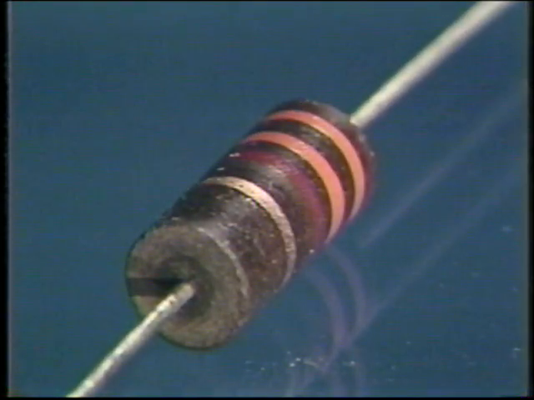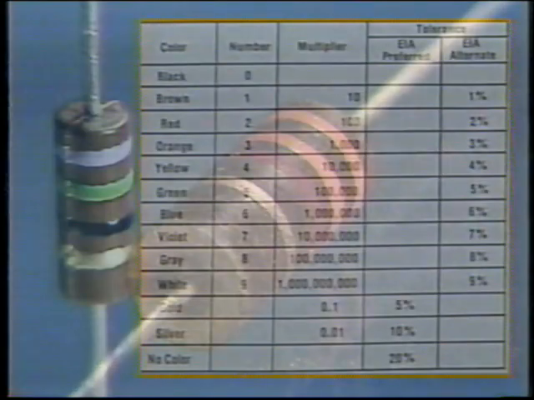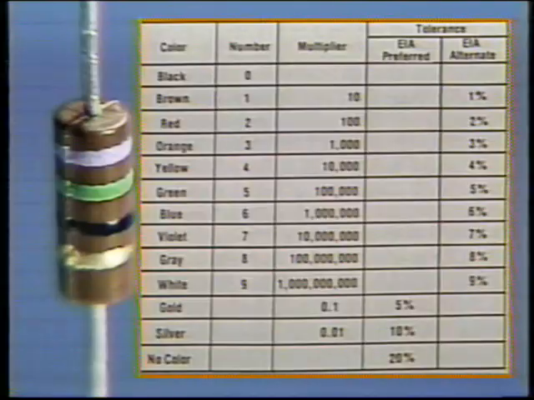The standard axial lead resistor has its leads extending directly from the ends. Each colored band conforms to a standard code shown in this chart. The color band nearest the end of the resistor represents the first significant number of the resistance value. The violet band on this resistor represents the number 7.